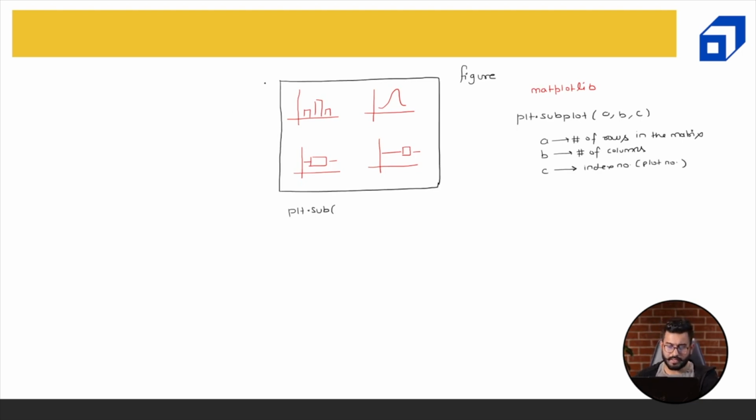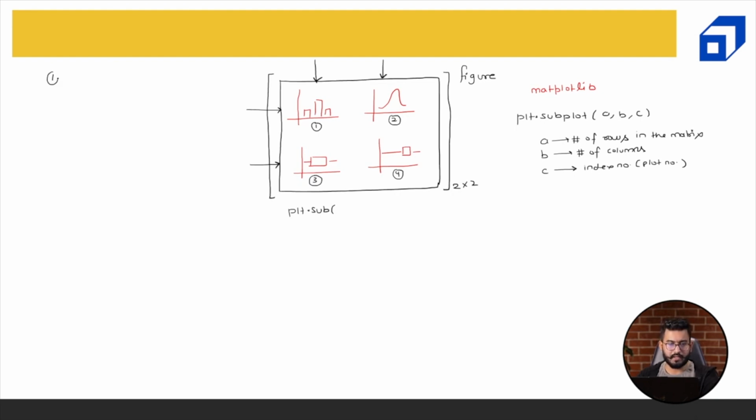So right now, if I consider this to be a matrix, then this matrix is 2 cross 2 because it has 2 rows and 2 columns, right? Also, I'll call these plot number 1, plot number 2, plot number 3, and plot number 4. Always remember, the plot numbers are assigned in a zigzag direction.